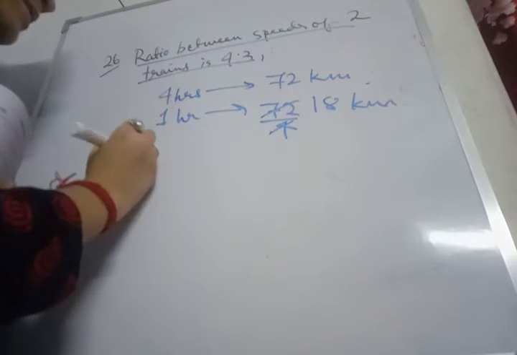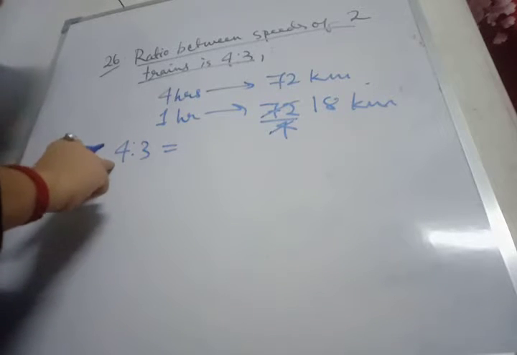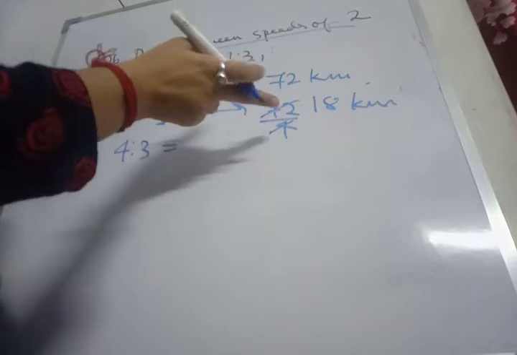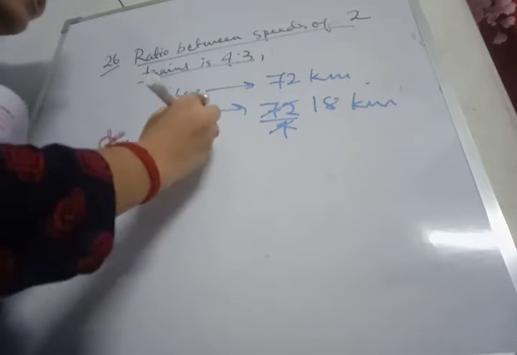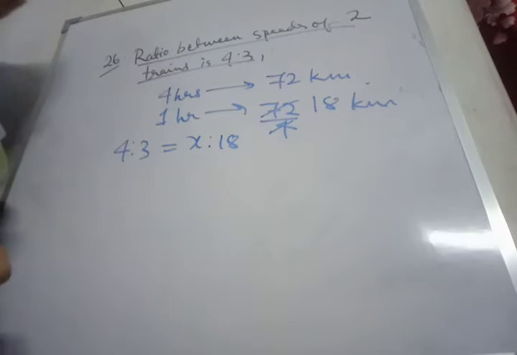Now the ratio of the speeds of the train are given as 4:3. So 4 is basically for the first train and 3 is for the second train. So first train speed is not given, so we'll consider that as x. x is to 18, which is the speed of the second train that we have calculated.